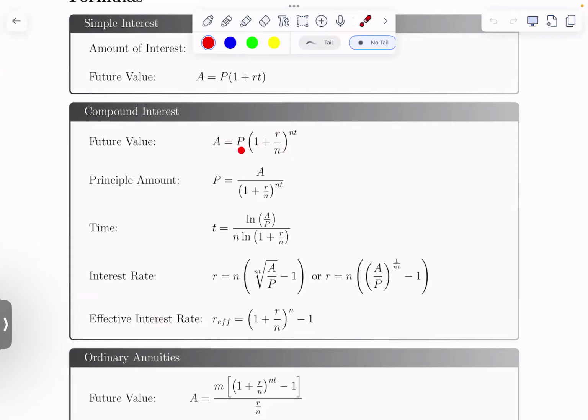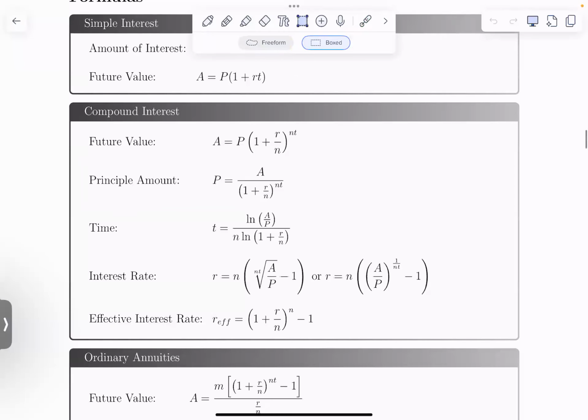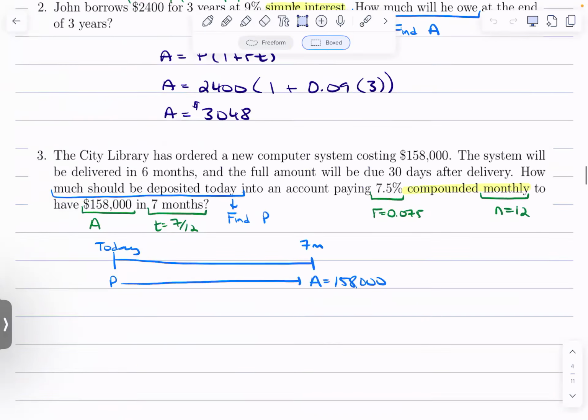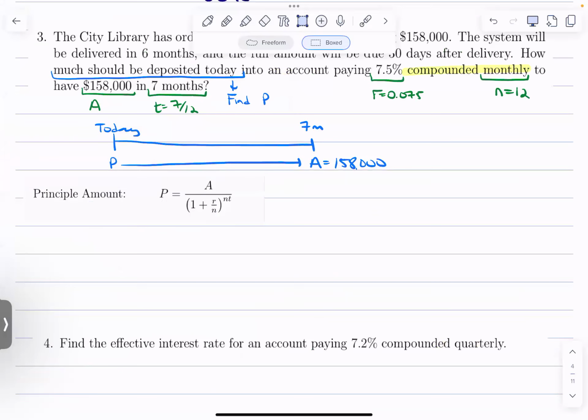Solving for P, solving for T, solving for R, all the possible things that I could get you to do.